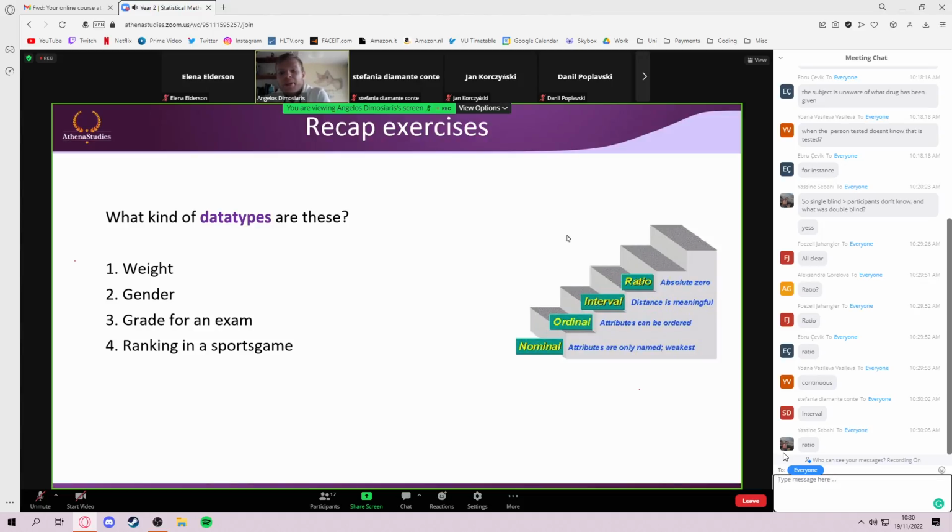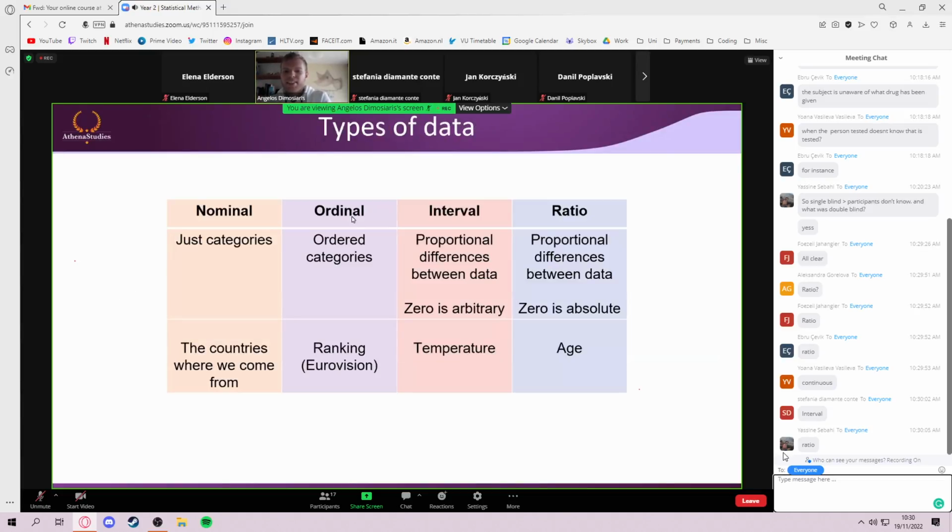And why? Because again, the difference between the interval and the ratio comes to how 0 is defined. So if you have weight, if you have 0 weight, that means you do not have any weight at all. So that means it's a ratio variable.